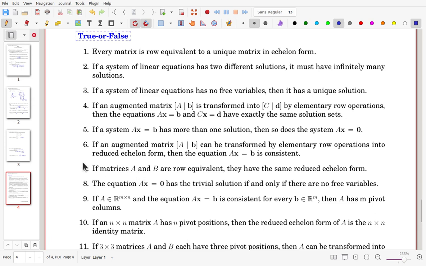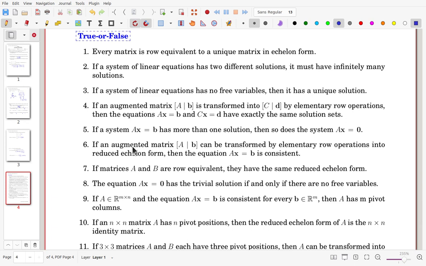Okay, here, if an augmented matrix can be transformed by elementary row operations into reduced echelon form, then the equation is consistent. Is it true? It's false. The reason is that the if statement is always possible.